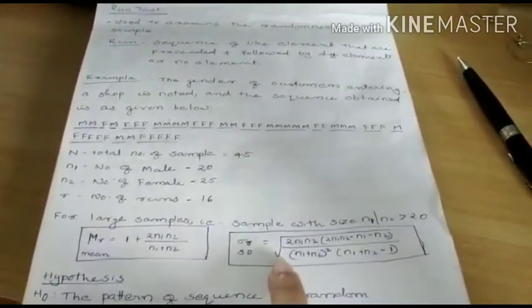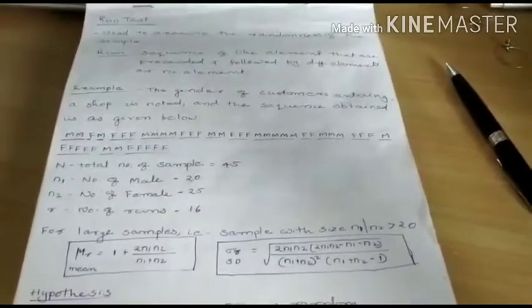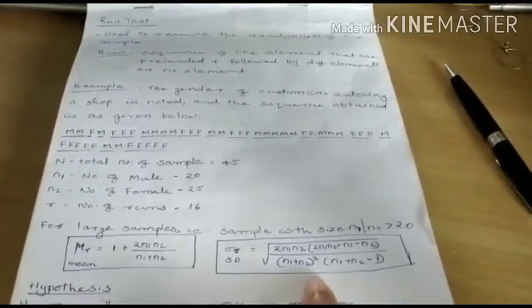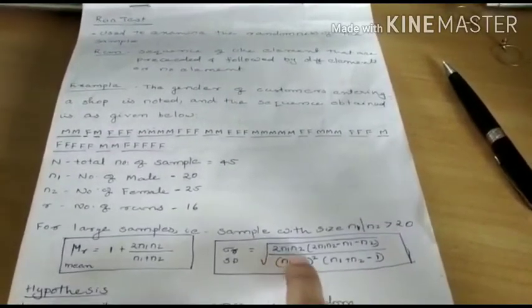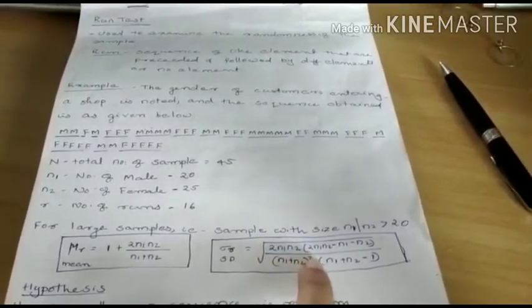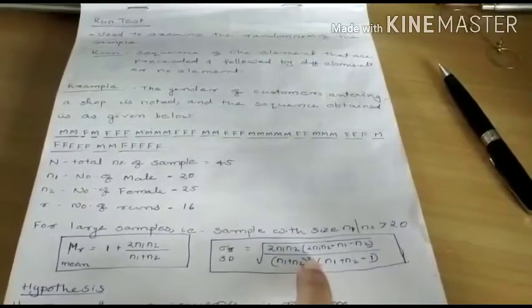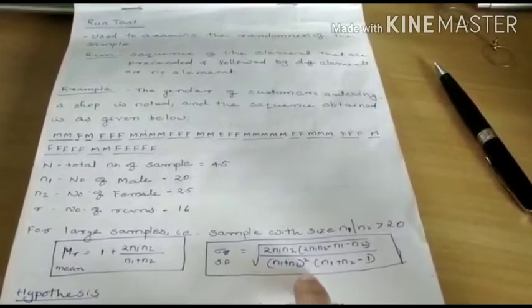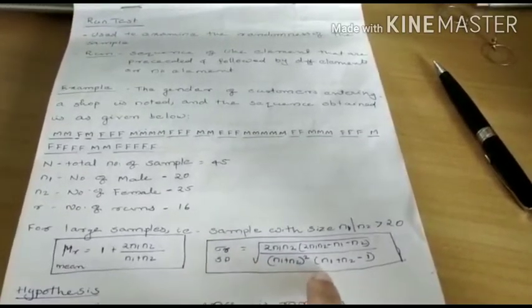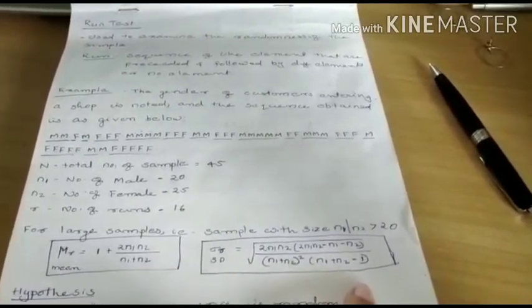And you need to identify the standard deviation. This is the formula for finding the standard deviation for a run test: root of 2 N1 N2 into (2 N1 N2 minus N1 minus N2) divided by (N1 plus N2) the whole square into (N1 plus N2 minus 1).